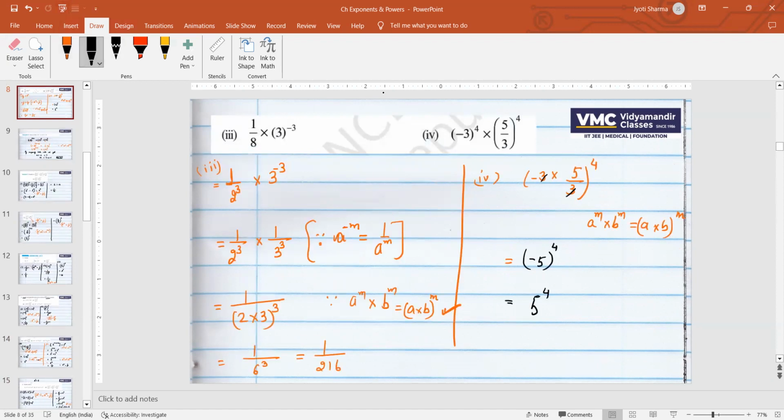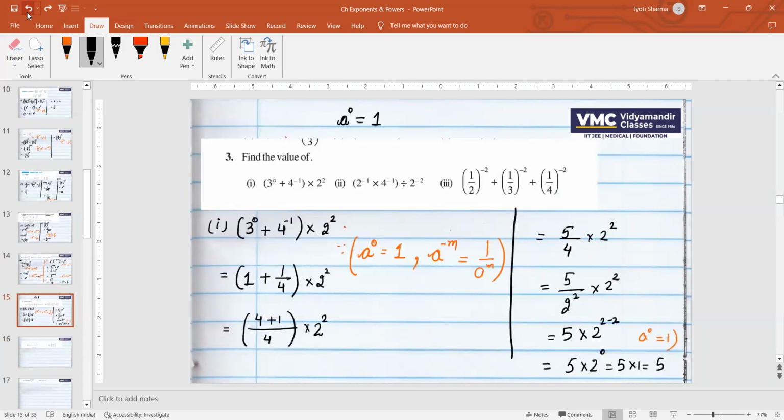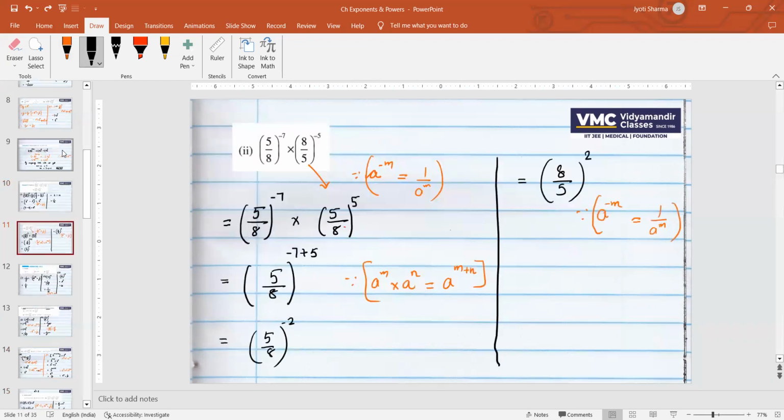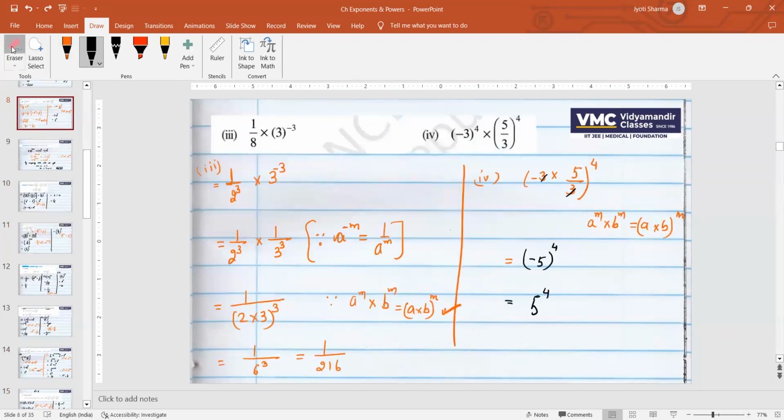Instead of cancellation, we should have this one more step. Minus 1 into 3 raised to the power 1 minus 1 into 5 whole raised.